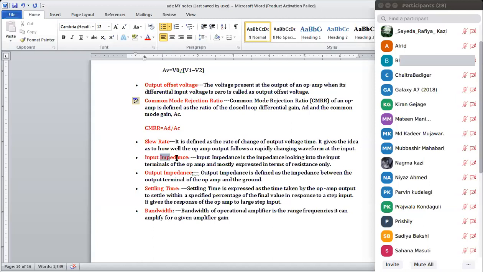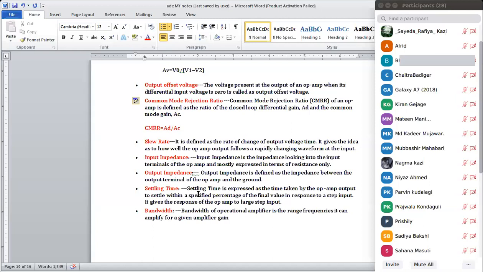Then what is the difference between impedance and resistance if they are the same? According to me, impedance is measured in AC circuits and resistance is measured in DC circuits. Impedance is denoted by Z, so input impedance is Zi.